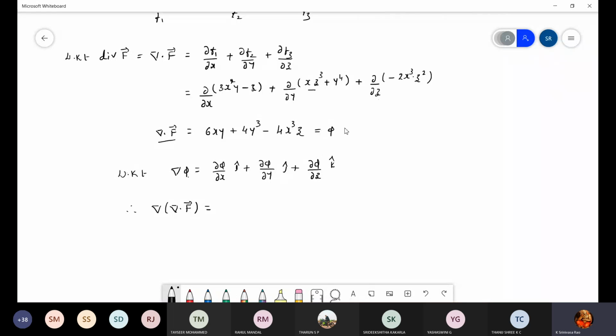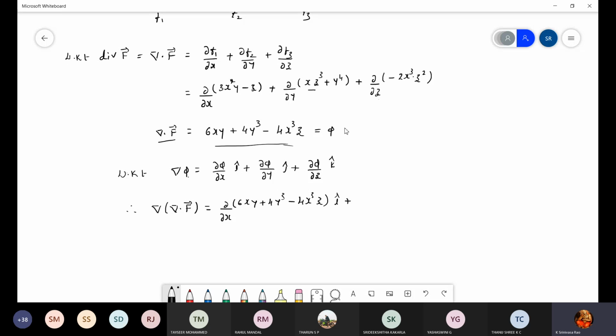dou by dou x of phi. Complete this equation, you should substitute: 6xy plus 4y cube minus 4x cube z. Like the previous problem, you can differentiate directly by taking this as phi, but to understand easily, I am substituting.